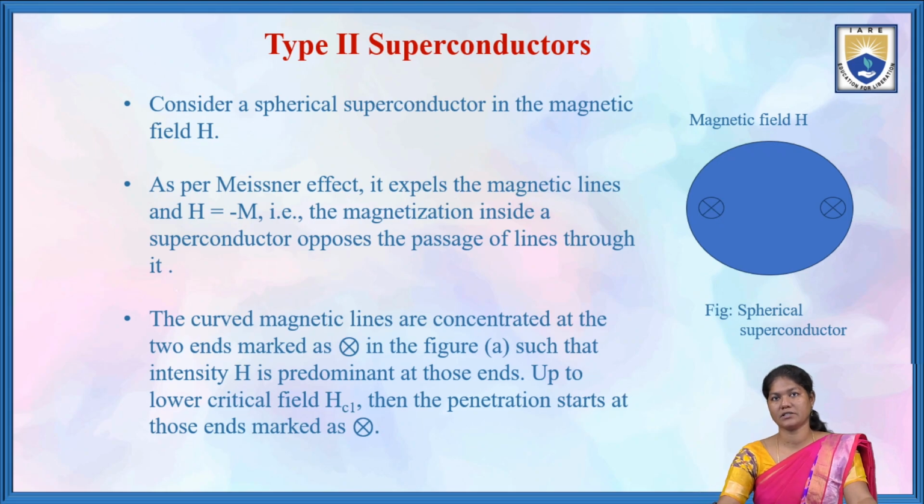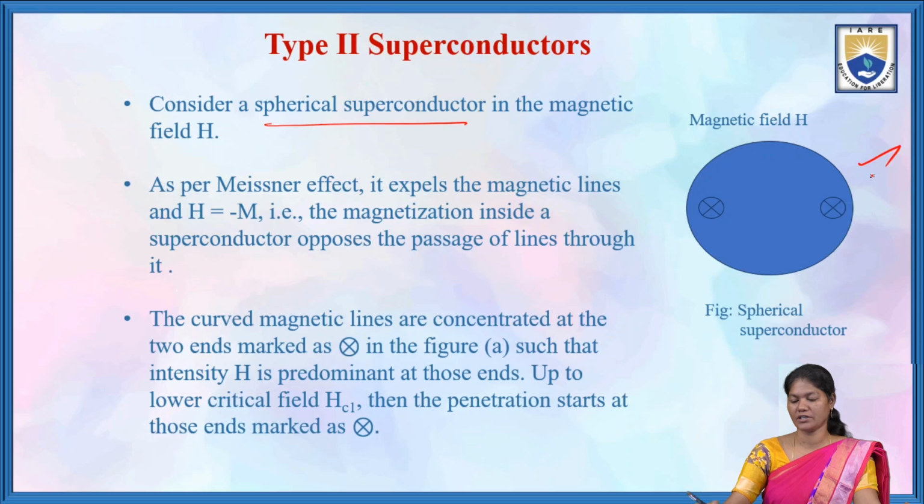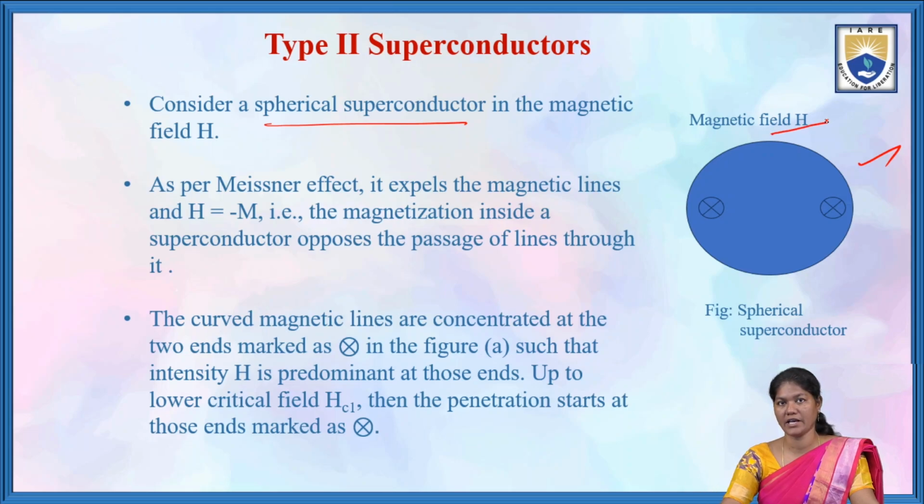Type 2 superconductors. Consider a spherical superconductor as shown in the diagram, placed in a magnetic field H. As per the Meissner effect, the magnetic lines do not pass through the superconductor.